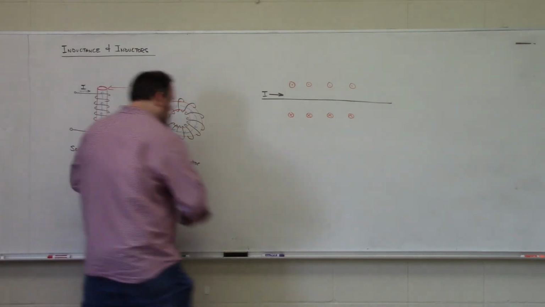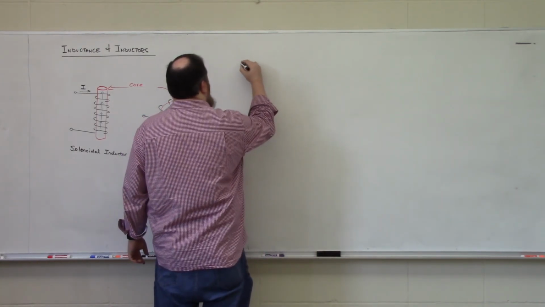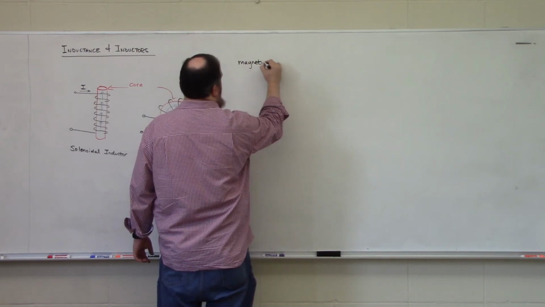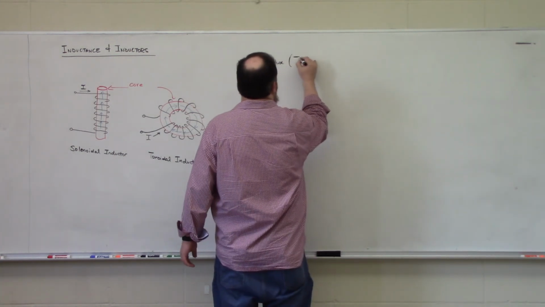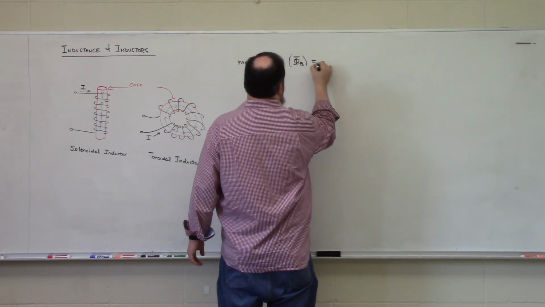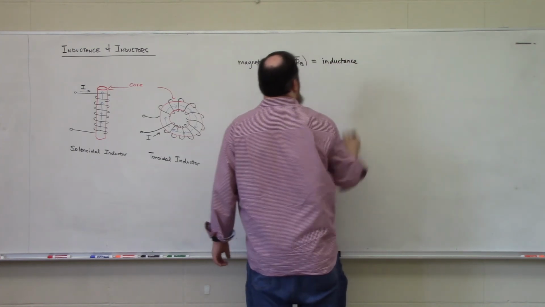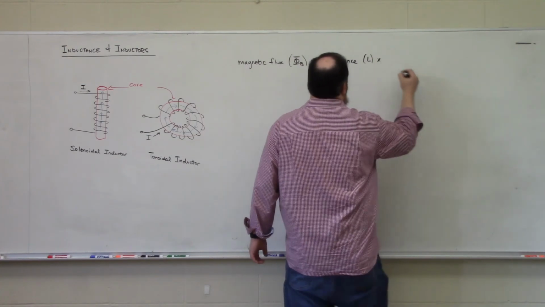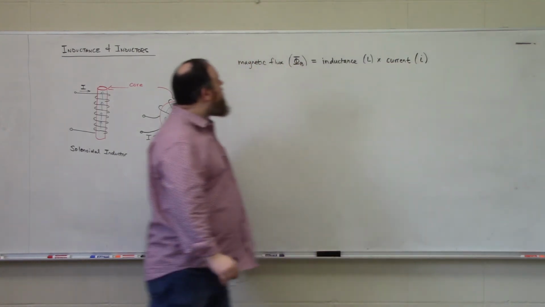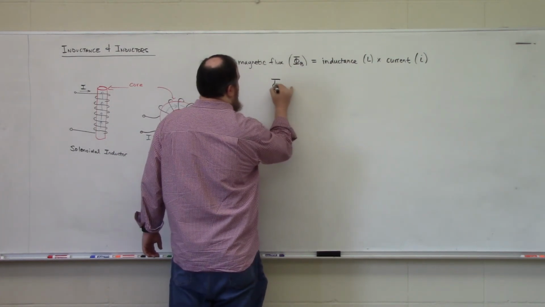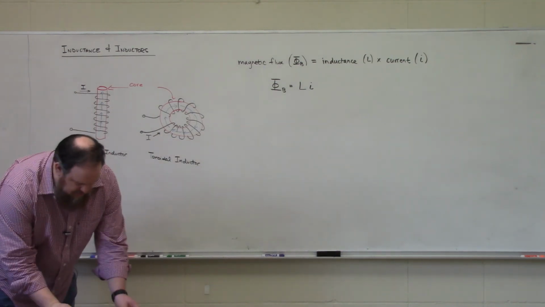So in these inductors, we observe that the magnetic flux, which is just the density of the magnetic field, as a symbol phi b, is equal to the inductance, specifically the self-inductance L, multiplied by our current I. So our mathematical relationship is flux is equal to L times I.